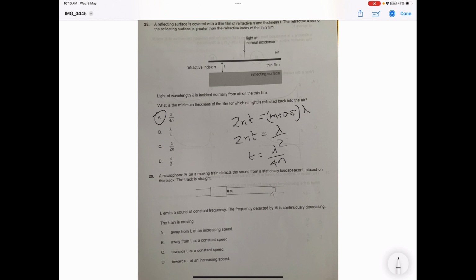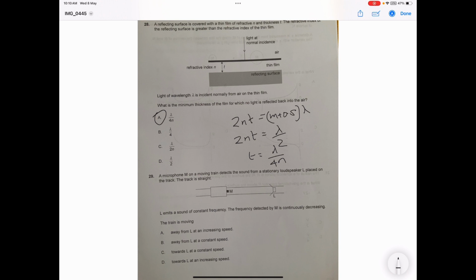Okay, number 29. One of my least favorite types of questions. It's the Doppler effect. A microphone M on a moving train detects the sound from a stationary speaker L placed on the track. The track is straight. L emits a sound at constant frequency. The frequency detected by M is continuously decreasing.